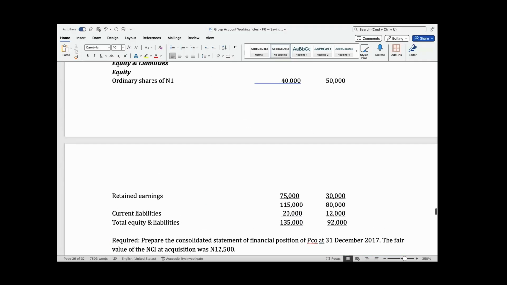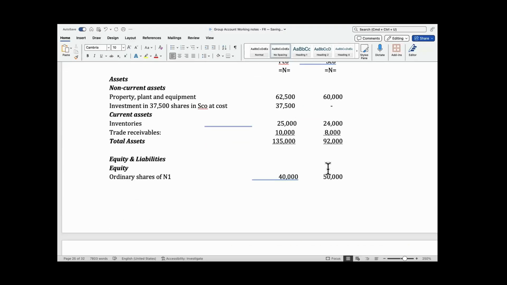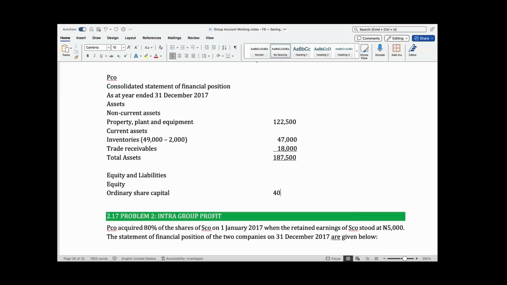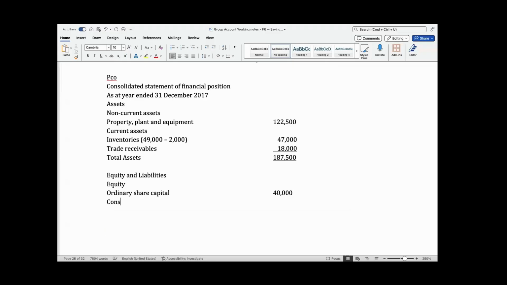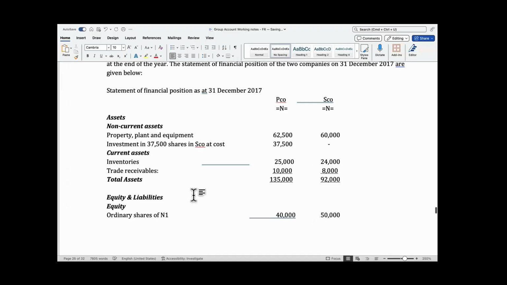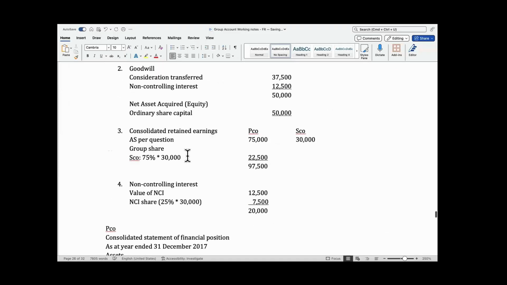My ordinary share capital. This is 40,000. Because this one has been cancelled out. I hope you will still remember that. Whatever balance is remaining is NCI. So this 40,000. Then my consolidated retained earnings. Okay. Note 3, 97,500.